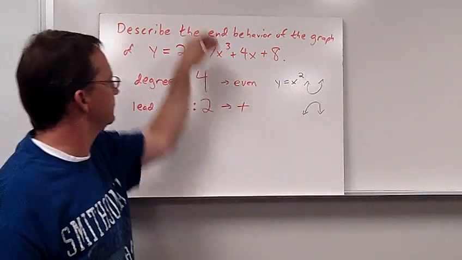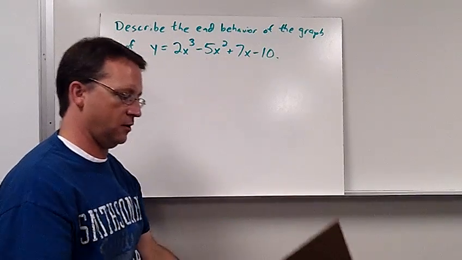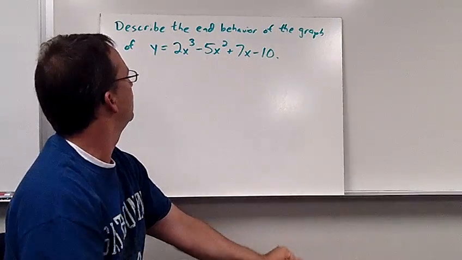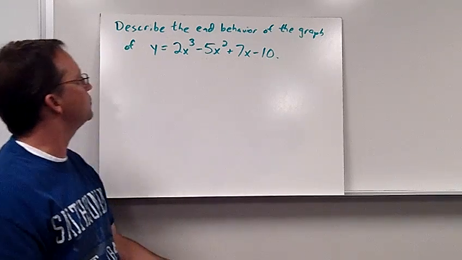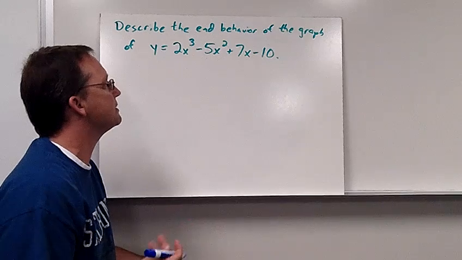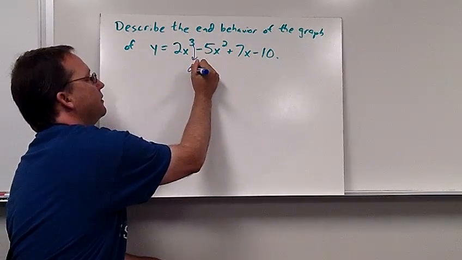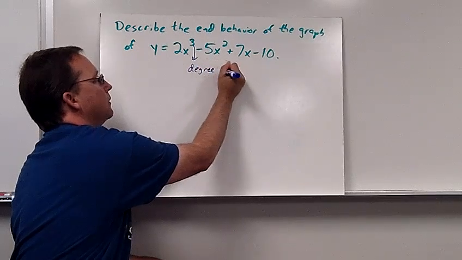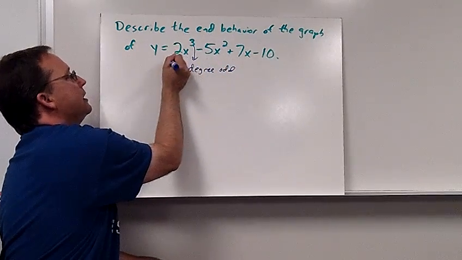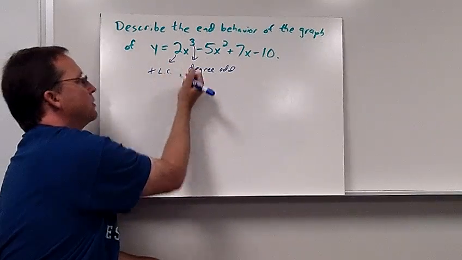Let's look at this graph of a polynomial. If we were trying to graph y equals 2x cubed minus 5x squared plus 7x minus 10. Look at your degree. Your degree is odd. Your leading coefficient is a positive 2.